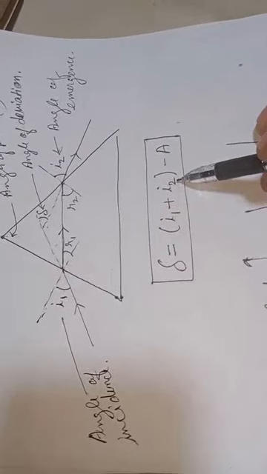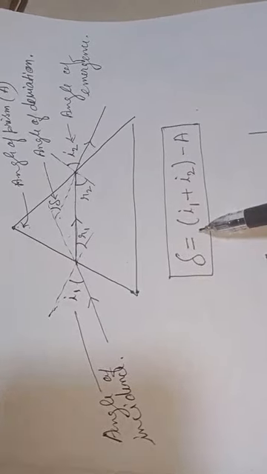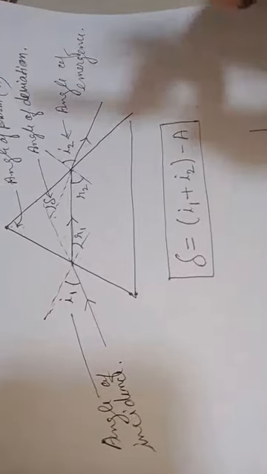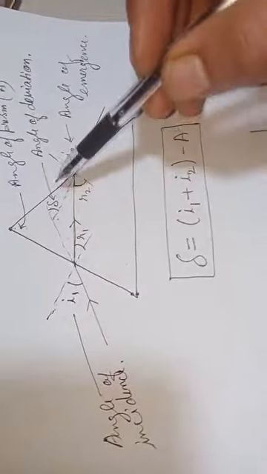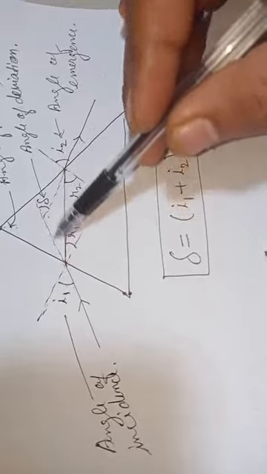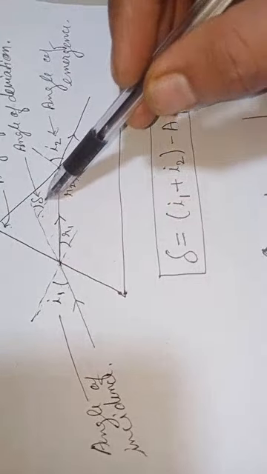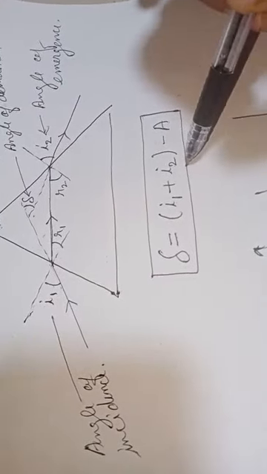The angle of deviation is the angle between the original path of the incident light and the emergent light. So this angle is known as the angle of deviation, and we have this relation.